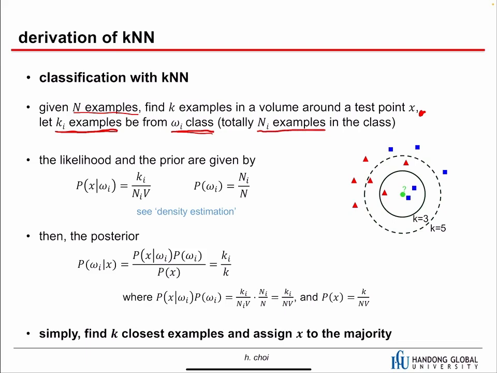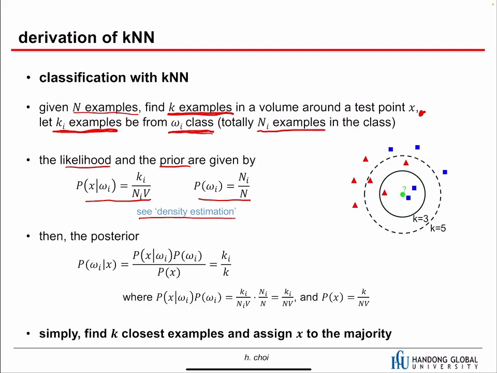Again, we found k examples, and out of those k examples, we have k sub i examples in class i. Then we're going to derive these equations based on the likelihood and the prior, which can be given based on the density estimation chapter.